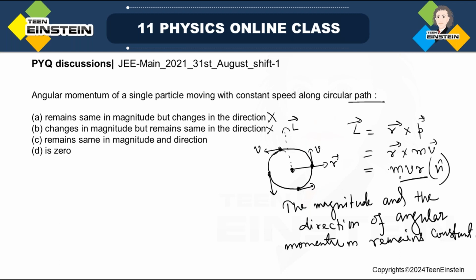That is also not true. Remains same in magnitude and direction. So option C will be the correct answer. Dear students, this was a non-numerical but conceptual problem. It was a really important problem, as conceptual understanding is required.